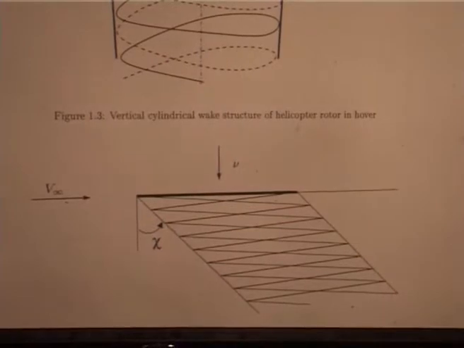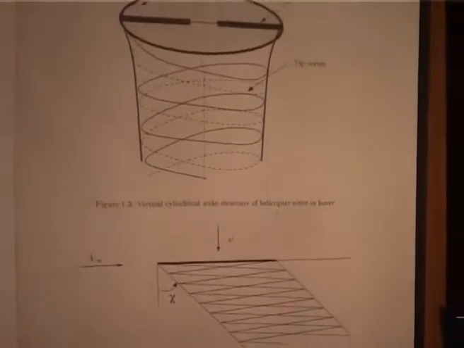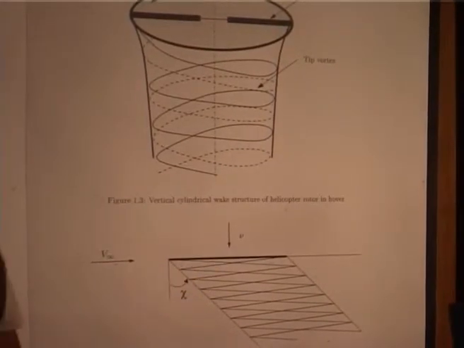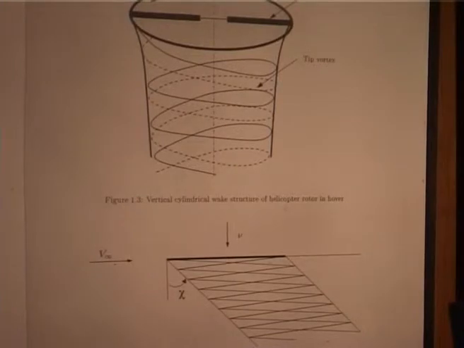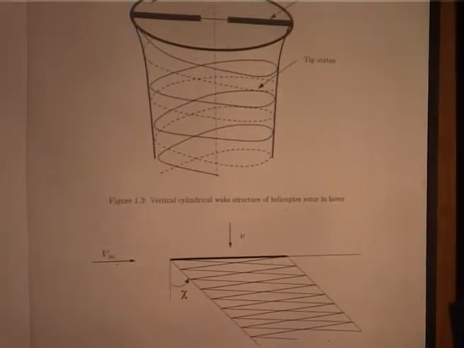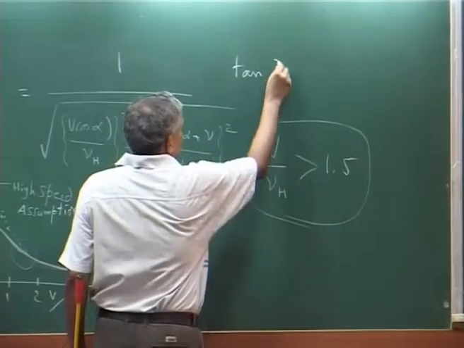When you go in a skewed cylinder, as you increase the speed, this angle is going to keep on changing. So, that is why in this range of 0 to 0.1, let us write this from this diagram, tan chi.